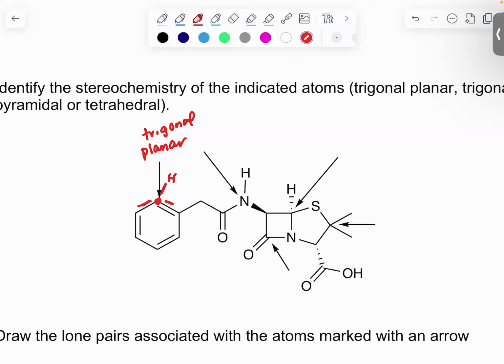Okay, what about this one? How many things are attached to it? Does it have any lone pairs? No. So this one is also trigonal planar.